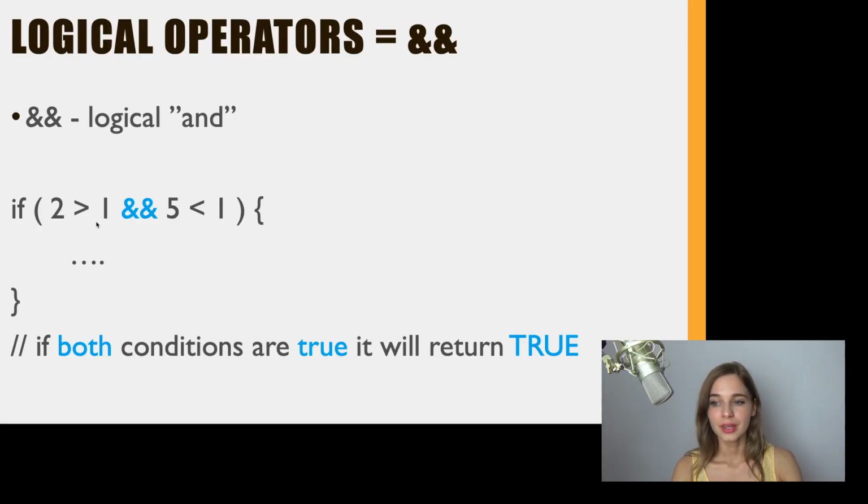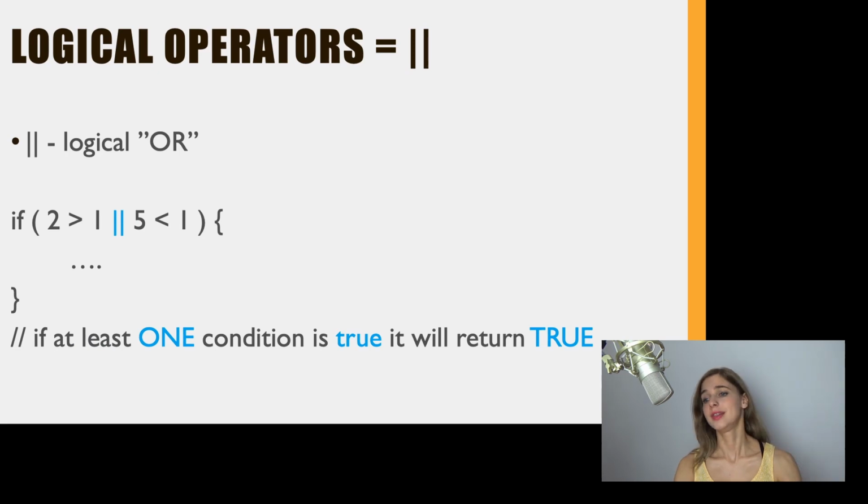But if both conditions are true, then it will return true. You have the appropriate age, you have the money, you can go to the shop and buy cigarettes. With OR, if at least one statement is true, so for instance, if you are betting money on sports or on card games, it could be either of those, but you're still a gambler. As long as one of them is true, the entire statement is true.